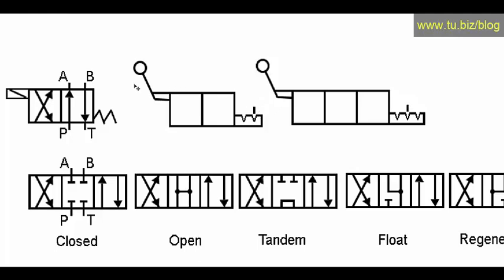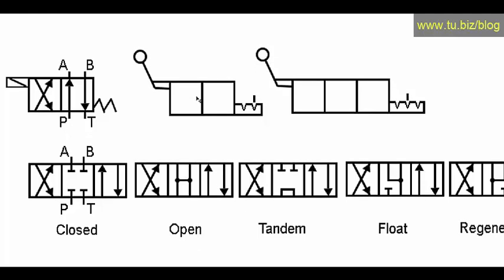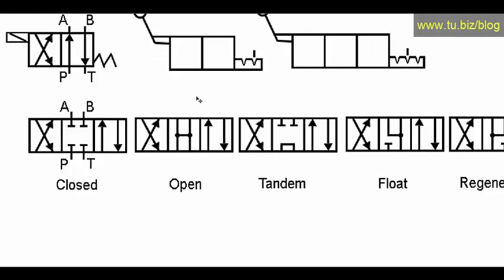So this one is lever operated. So for example, you push the lever in one direction, you take your hand away from the lever, and the valve is going to hold that position. If you want to shift it, you have to pull the lever back in a different direction, and the valve will shift. So those are some of the options that we have.